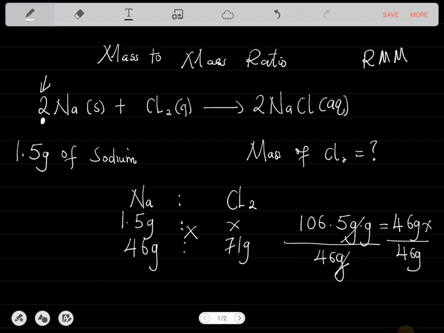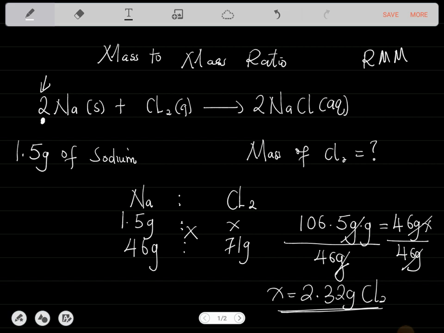So gram and gram, gone. So we have this one being divided by 46, which will give me 2.31 and so forth. It's a rational number. So I'll just leave x to 2 decimal places, 2.32 grams of chlorine that reacted with 1.5 grams of sodium.